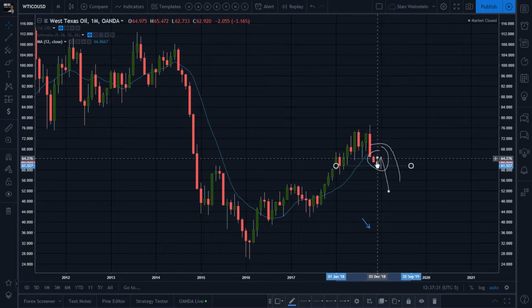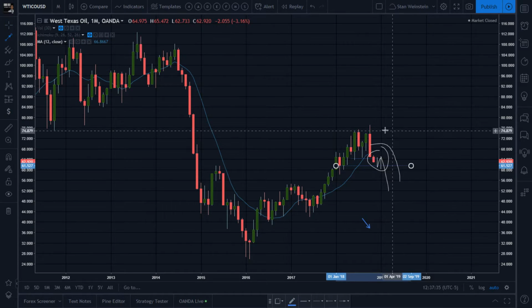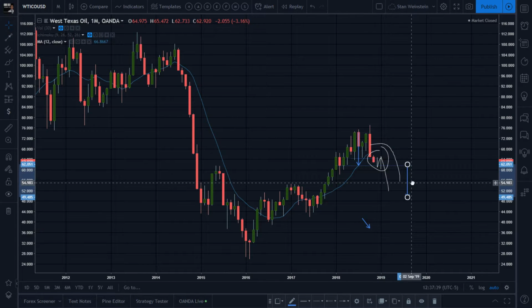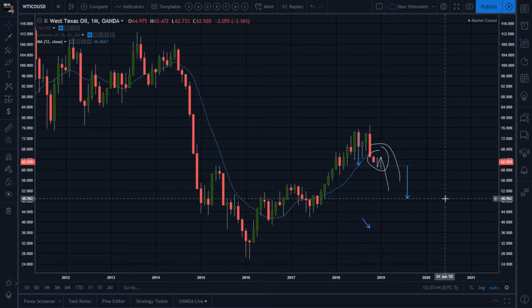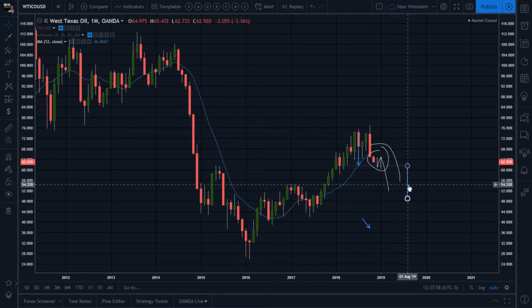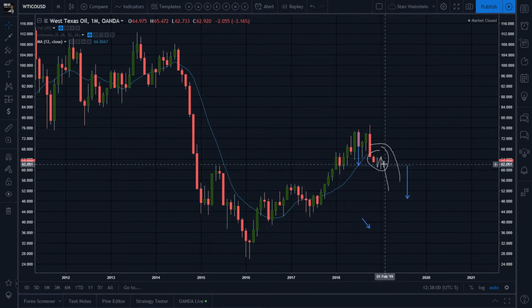So monthly close below 61.50 is going to give me an implied measure move of, get greedy, implied measure move all the way to 49, and it's going to start coinciding with what I call a wall, previous resistance turned support. You could even move your target just a little bit above that, just to make sure that you don't run into too much support and you get triggered out for your profit stop.